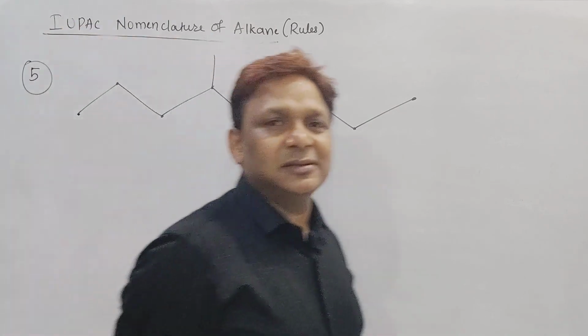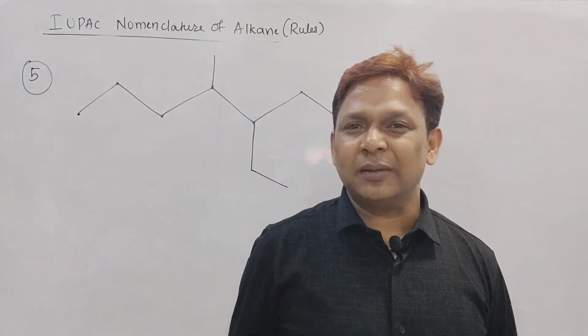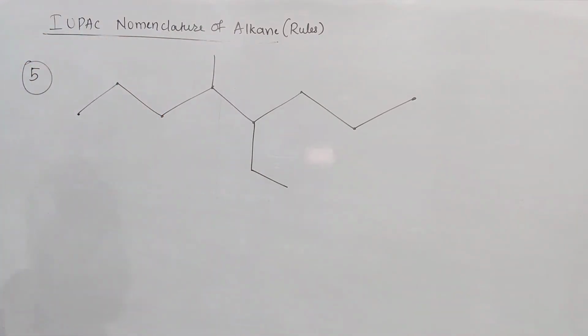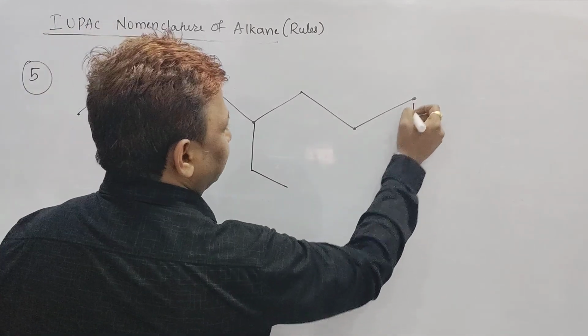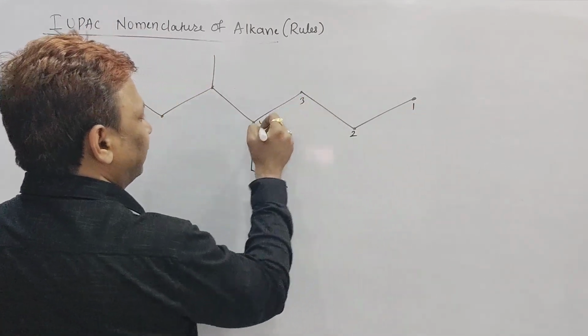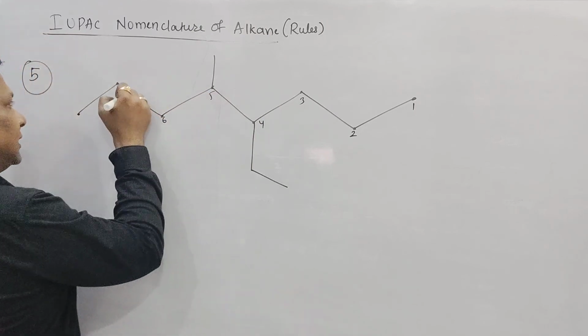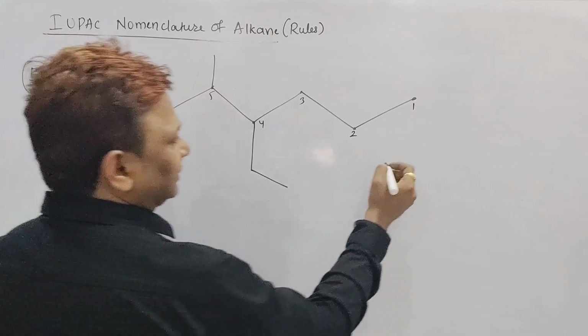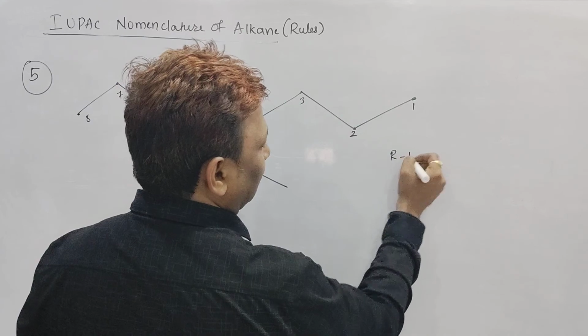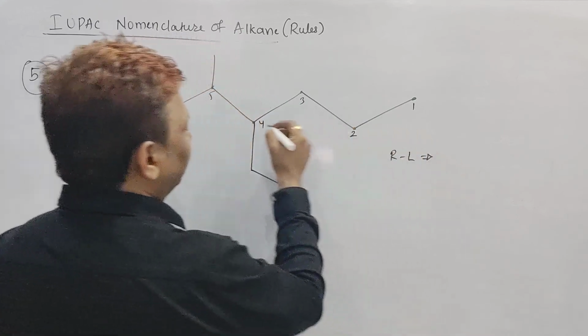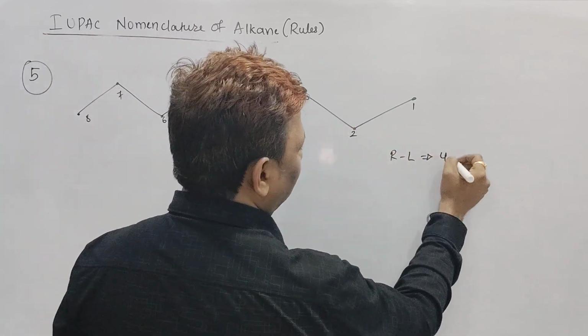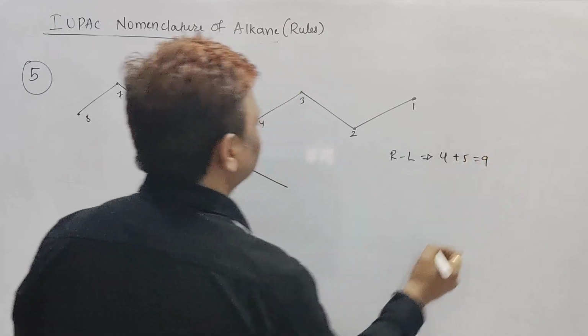Chalo beta, please pause the video and get the IUPAC name of the compound. Very good, sir. Chalo, I will do it now. Sir, it is 1, 2, 3, 4, 5, 6, 7, 8. I am giving the numbering from right to left, so I get 4 and 5. 4 plus 5 is 9.